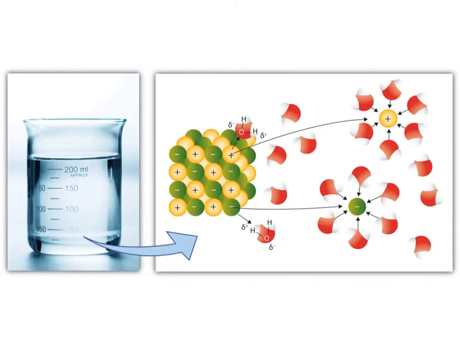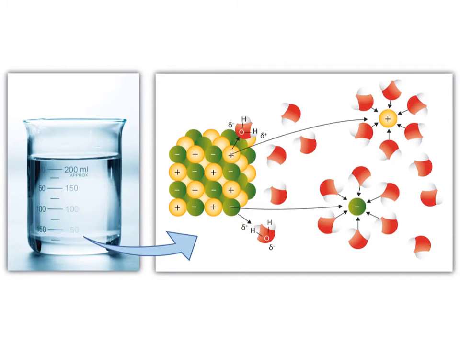So why is water able to take an ionic compound like sodium chloride and pull those ions apart? Well, we know that water is a very polar molecule and that the oxygen end of it has a partial negative charge on it and the hydrogen end has a partial positive charge on it. It's that negatively charged oxygen end that has a nice attraction for the positively charged sodium ions.